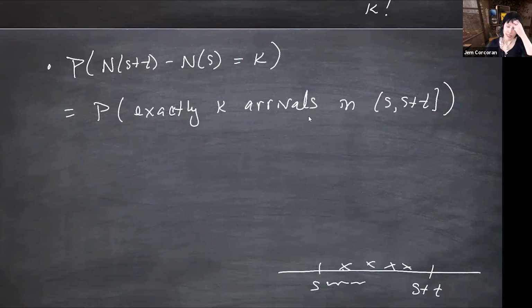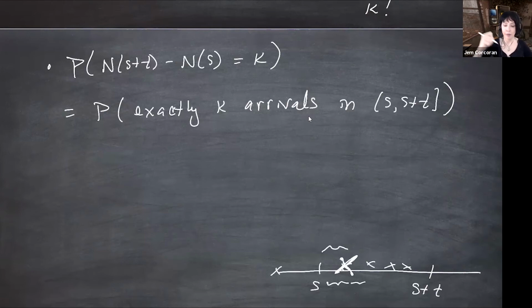So I'm going to use two things here. One is the lack of memory property, to say that the time of the first arrival in that interval, this distance here, is still exponential. It doesn't matter that the last arrival really happened way back. And I'm also going to use the IID-ness of the exponentials to write the next line.